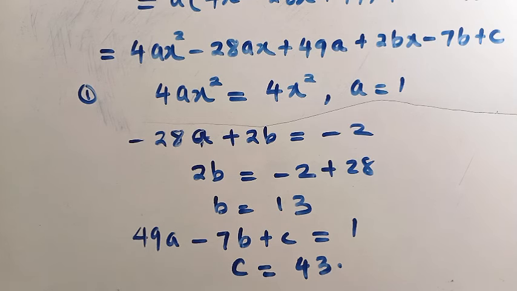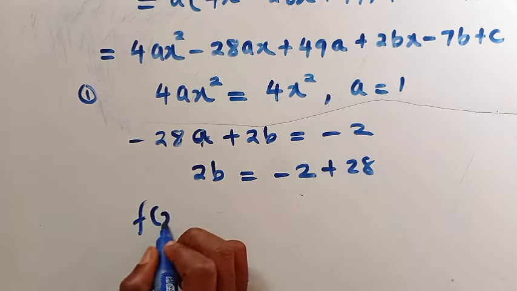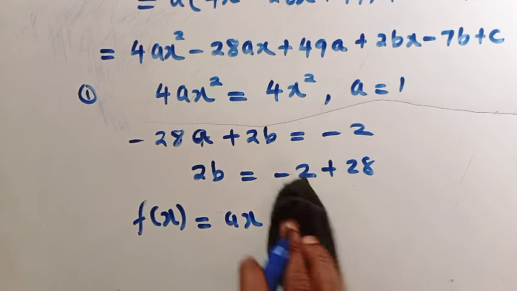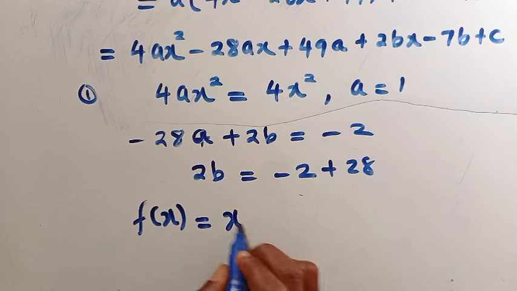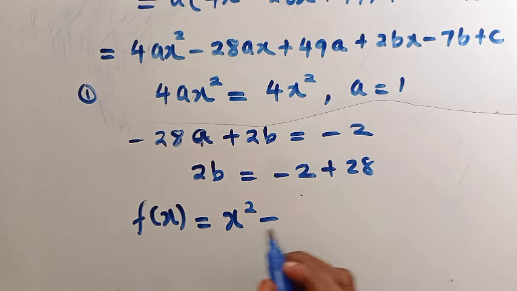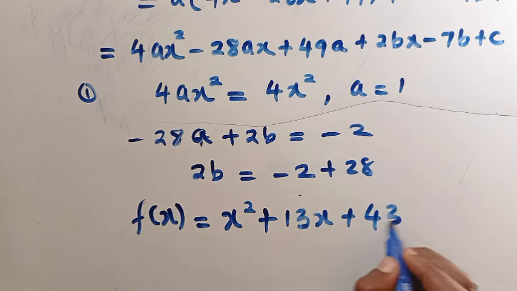And if we replace this back into the formula that we assumed, f of x equals ax squared plus bx plus c, we get the same result as the first one. So therefore, f of x is given as 1 x squared plus 13x plus 43.